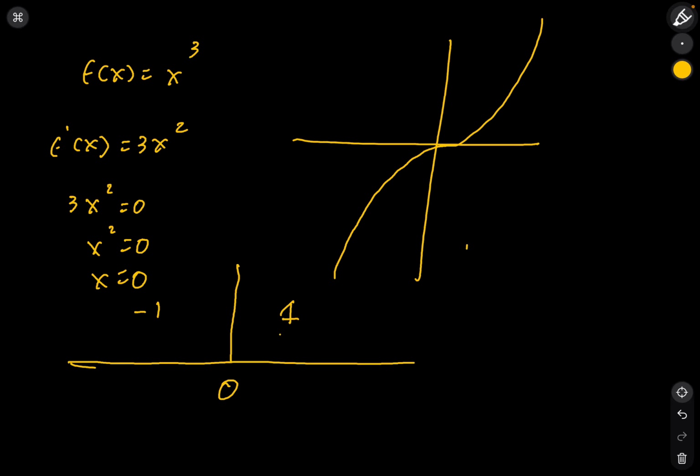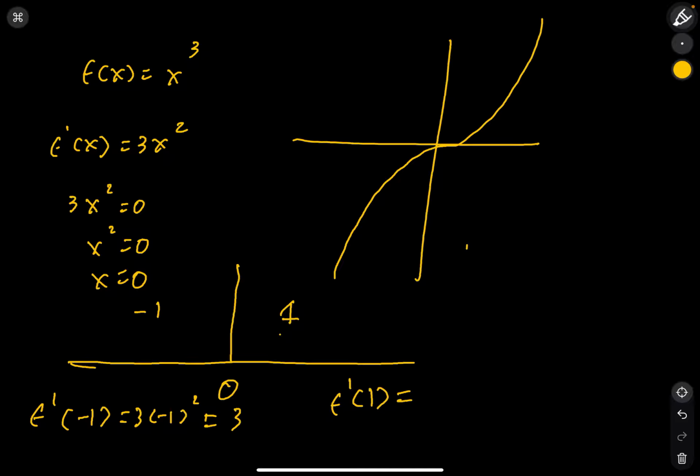Since f prime is the slope at any point, what comes out is the slope at that point. So let's do f prime of -1. F prime of -1 is just 3 times (-1) squared, which is equal to 3. Makes sense? Then f prime of 1 is equal to 3 again.